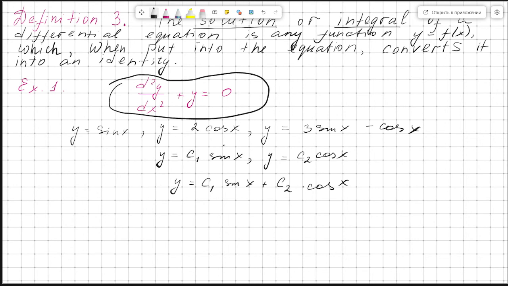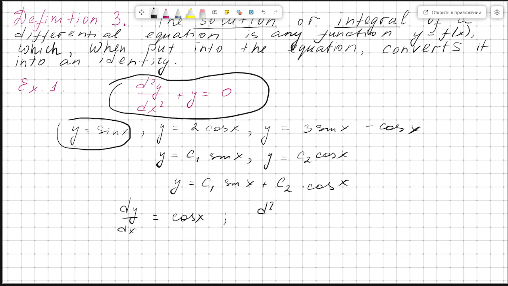This is evident if we put these functions into the equation. For example, if we take y is sine of x, then dy over dx will be cosine of x.